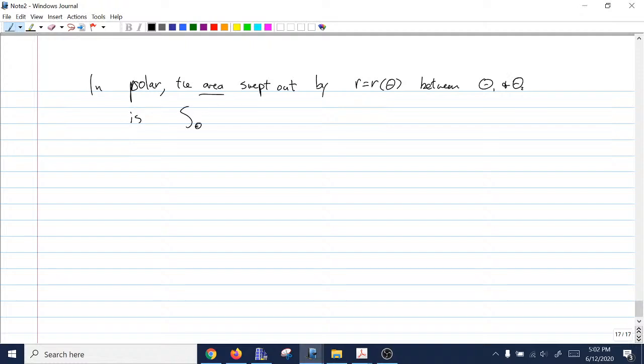In polar, the area swept out by r equals r of theta between theta 1 and theta 2 is the integral from theta 1 to theta 2 of 1/2 r squared d theta. How hard is that to integrate? Depends on how hard your r of theta function is.